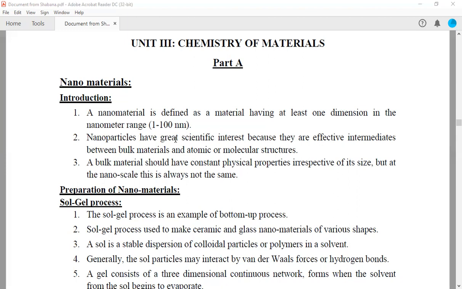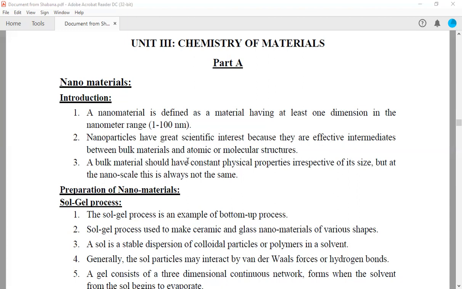Nanometer has great scientific significance because it is an effective intermediate between the bulk material and atomic or molecular structure, and the size range is also in between them. This nanometer is used to measure objects which are very small in size.